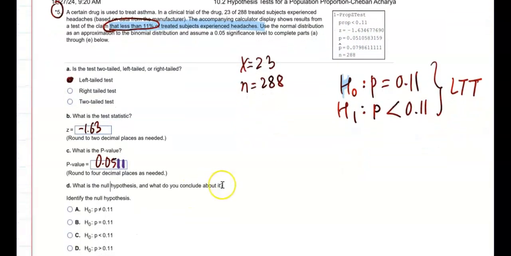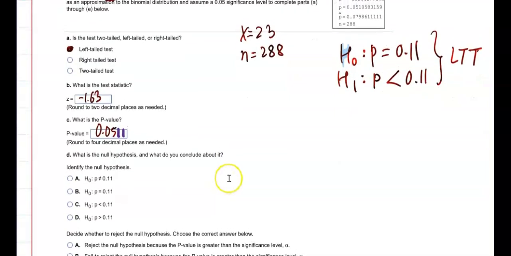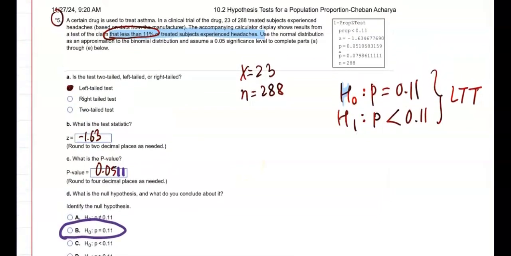And what's the null hypothesis, and what do you conclude about it? Again, I wrote the null hypothesis here. The null hypothesis must be p equals 0.11, because the null hypothesis always has the parameter equal to the claimed value. So do you reject the null hypothesis or not?